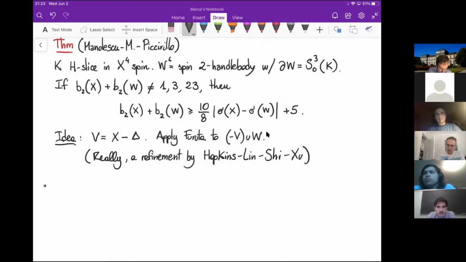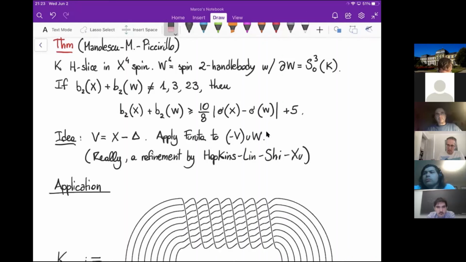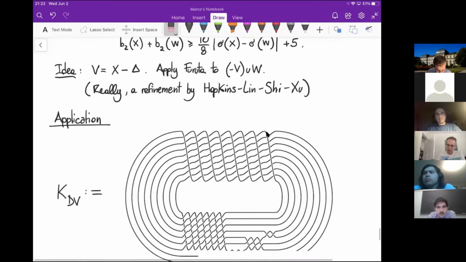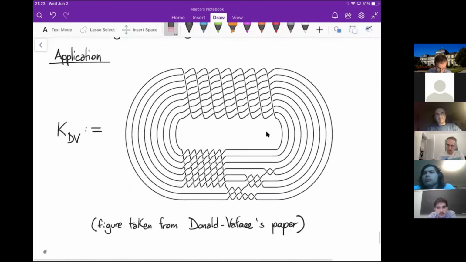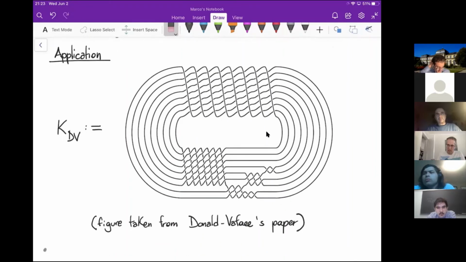And let me show you an application. Here's a knot that I call K_DV for Donald and Vafaee. The figure is actually taken from their paper.